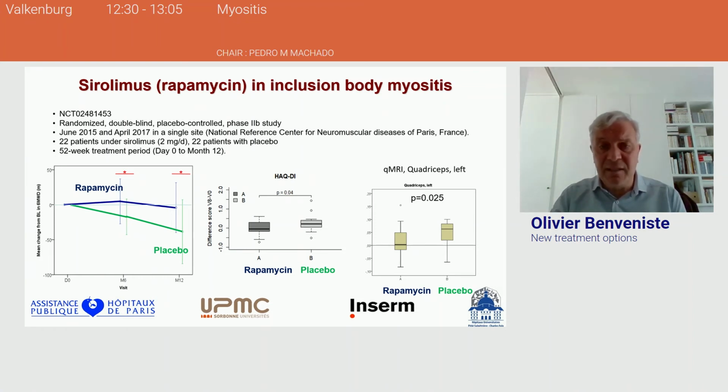This is the same for the HAQ, a scale of handicap, which increases in the placebo group and remains stable under rapamycin. We also performed QMRI, quantitative MRI, to see the fatty replacement of the muscles. It is significant overall when we normalize all the muscles, but for instance in the quadriceps, you can see that the fatty replacement increases in the placebo group and remains stable under rapamycin.